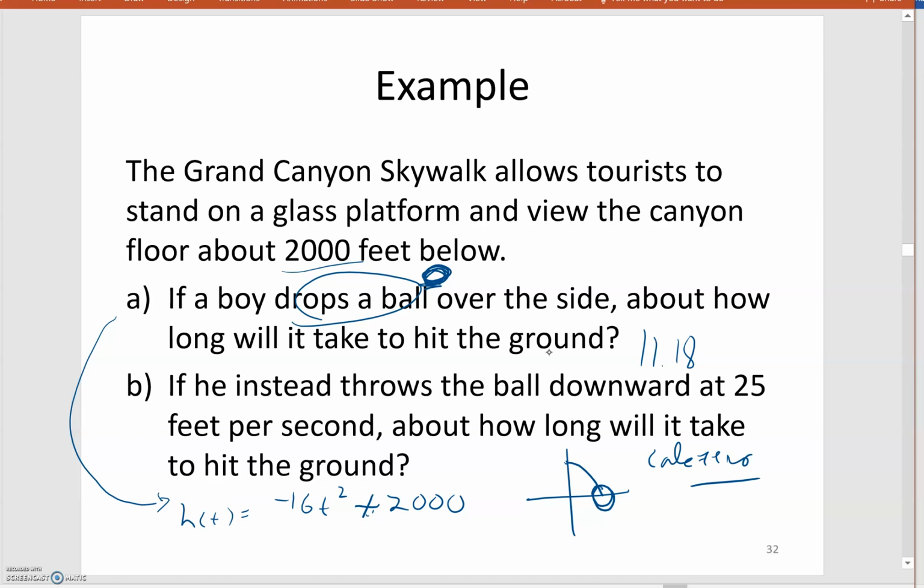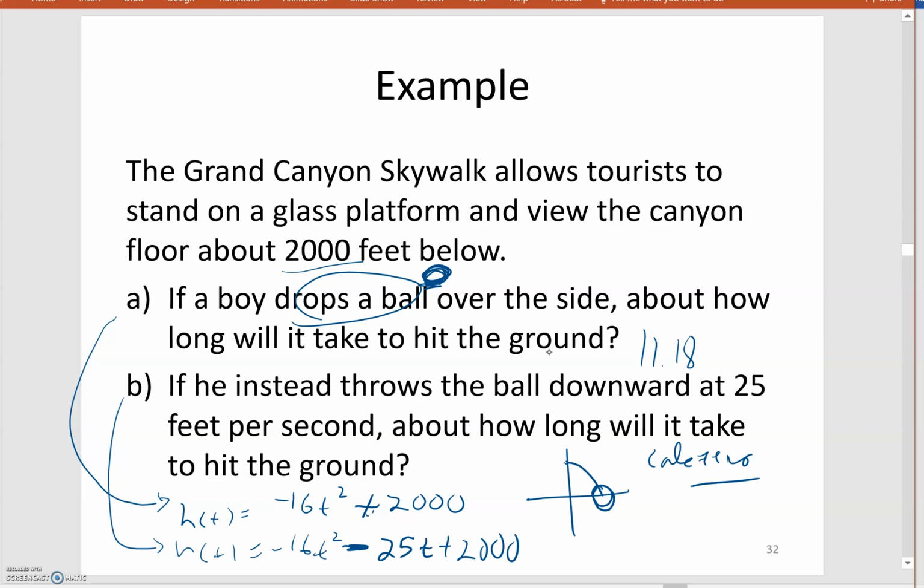Okay, what about part B? If instead he throws the ball down, so now he's mad, at 25 feet per second, how long will it take to hit the ground? All right, so for this part, our model is going to change. It's going to be negative 16t squared minus 25t plus 2000.